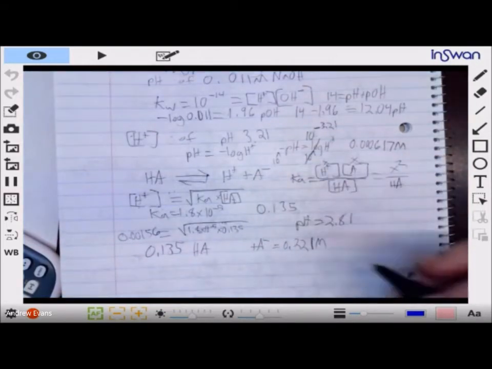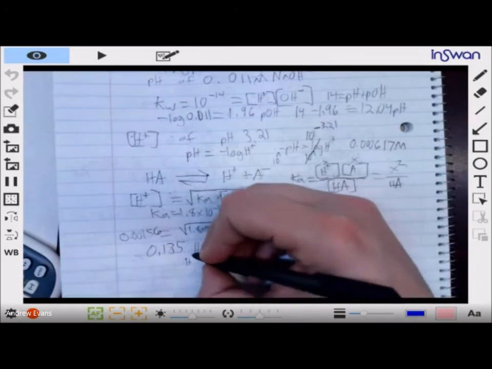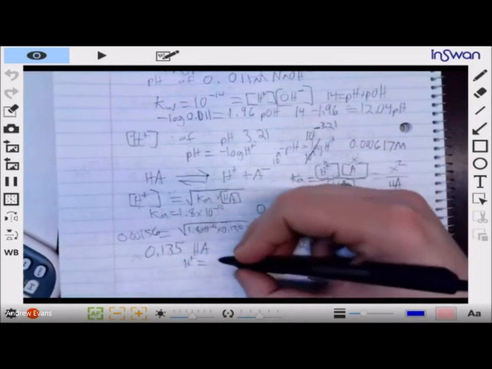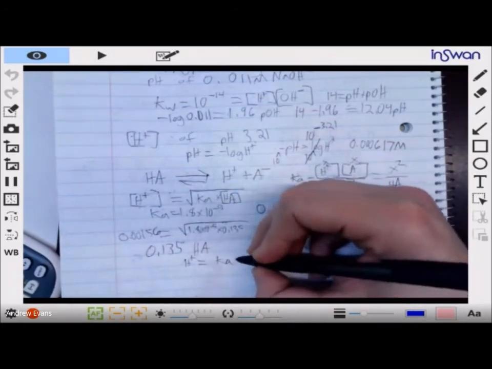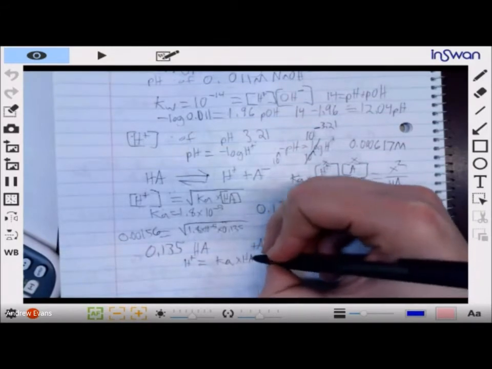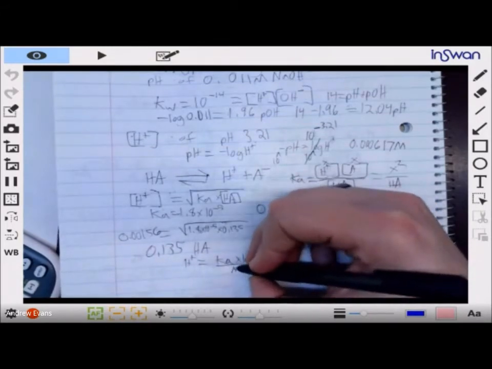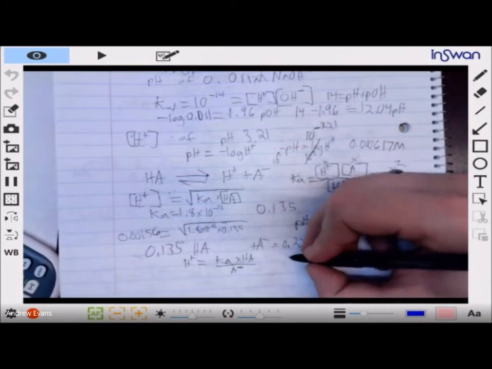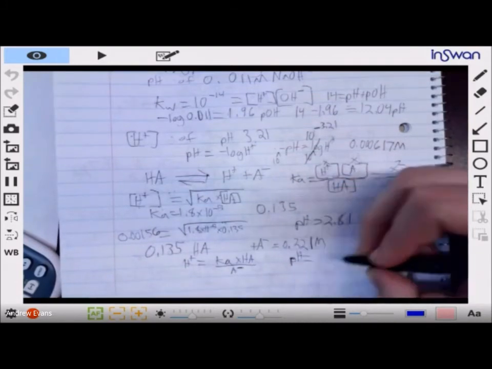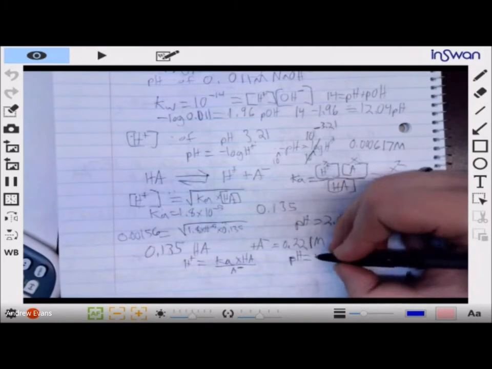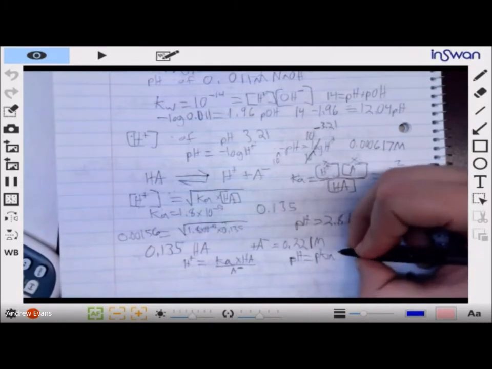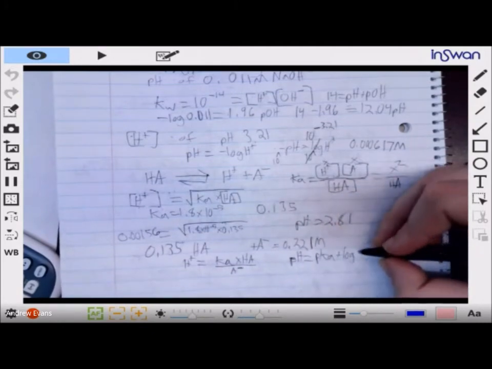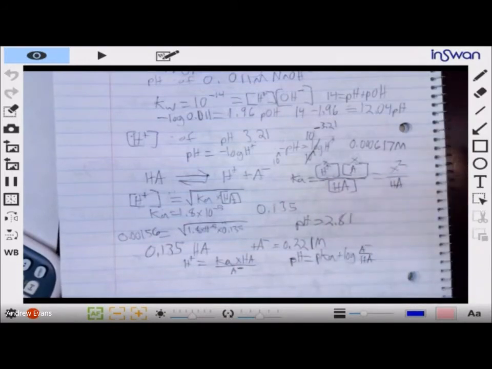So rearranging our Ka expression to solve for H plus, you would get Ka times HA over A minus. Oftentimes, this is just abbreviated as pH equals pKa plus log of A minus over HA, the Henderson-Hasselbalch equation.